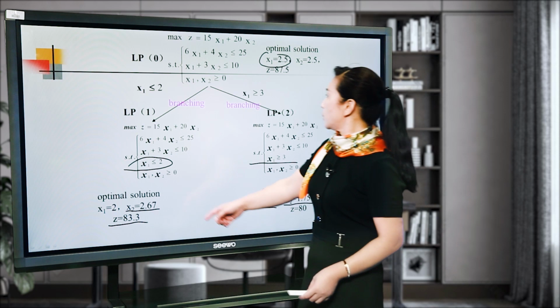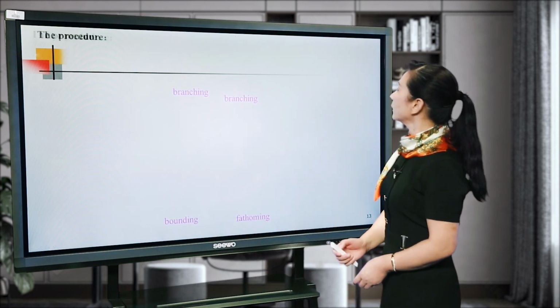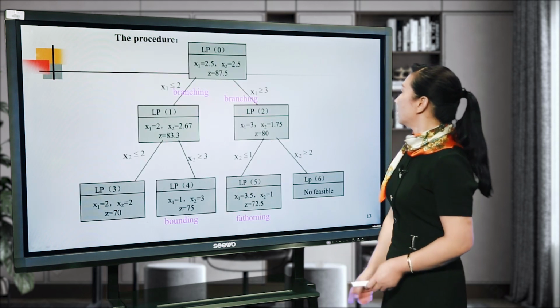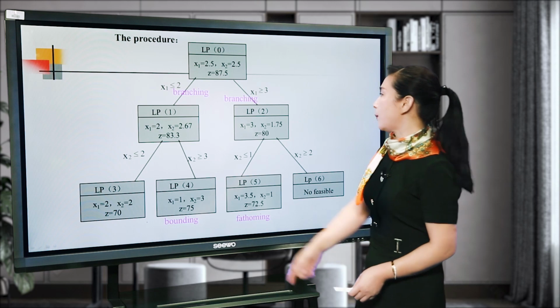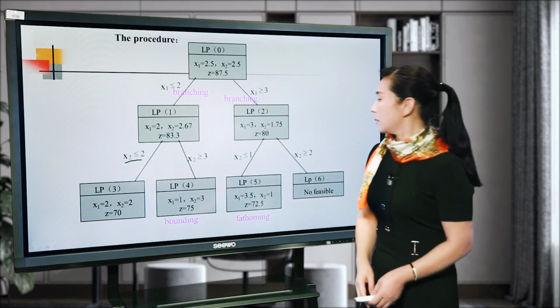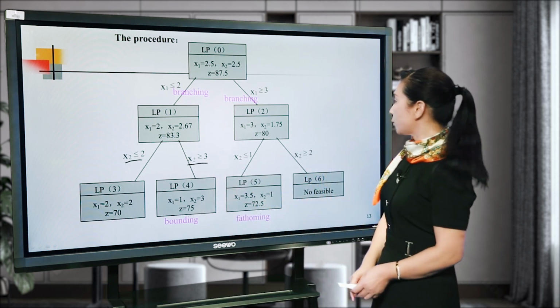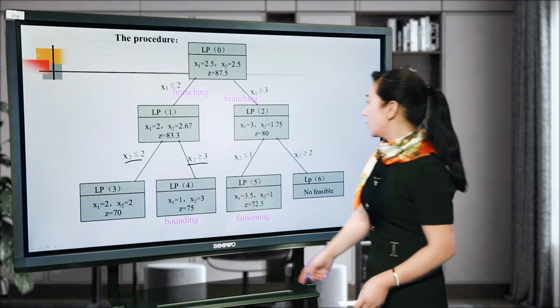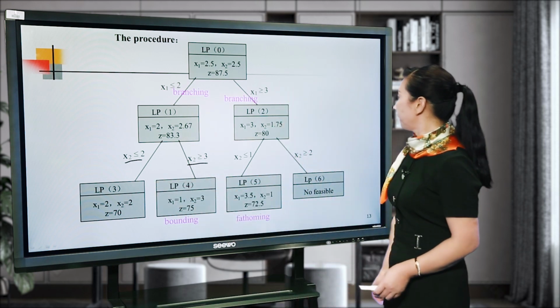So we choose LP1 to branch. We set x2 less than or equal to 2, and x2 greater than or equal to 3. We get two subprograms, LP3 and LP4.